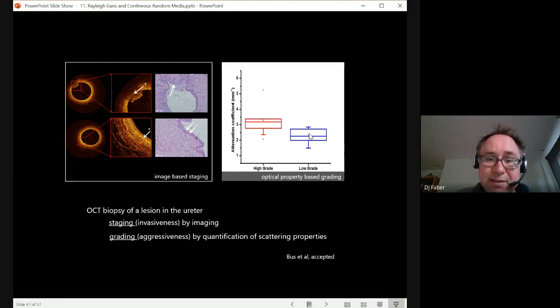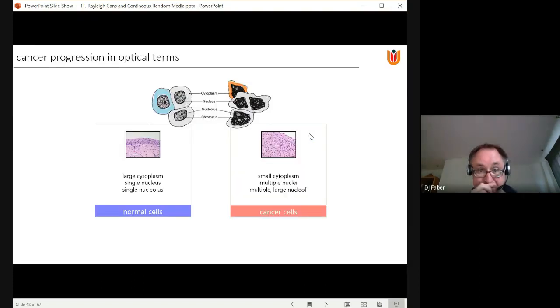And sometimes it's like this, so the more aggressive tumor has a higher attenuation coefficient, but sometimes it's also the other way around. Then the difference can be found, but the less aggressive tumors have a higher attenuation coefficient, and for some tissues there is no distinguishable difference. So the question is basically what's the underlying mechanism here, and that's what we try to understand in our research.